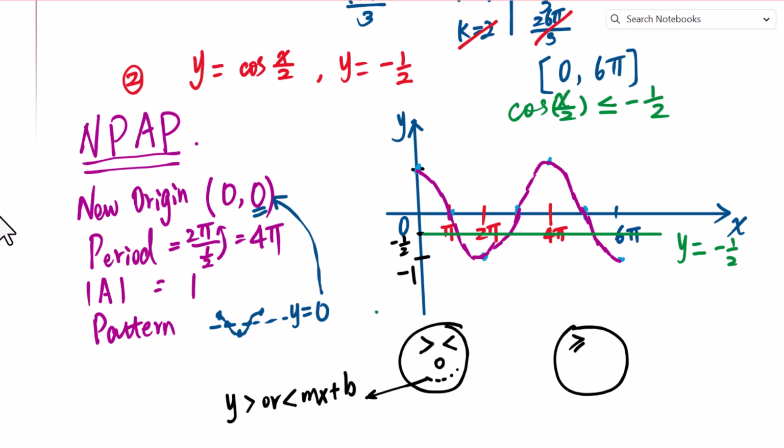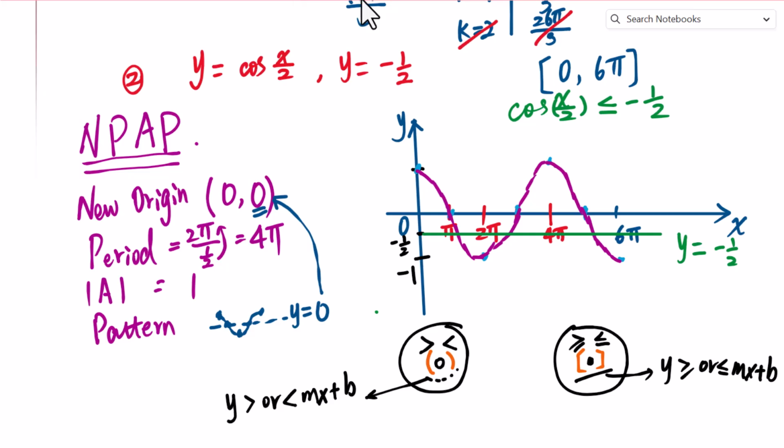Greater than or equal to, less than or equal to: a closed circle, solid line. Solid line is for y greater than or equal to or less than or equal to mx plus b. For intervals, open circle for open parentheses, closed circle for bracket.